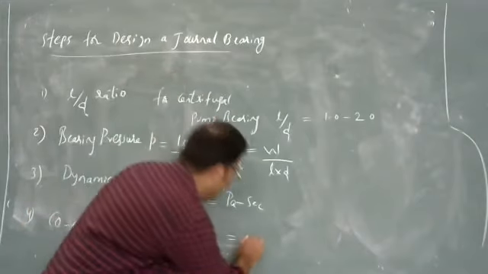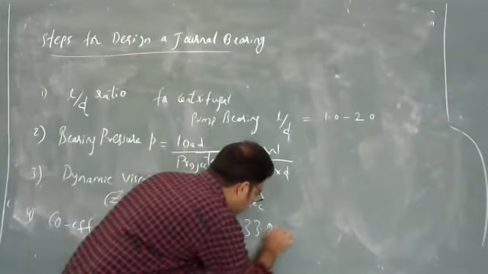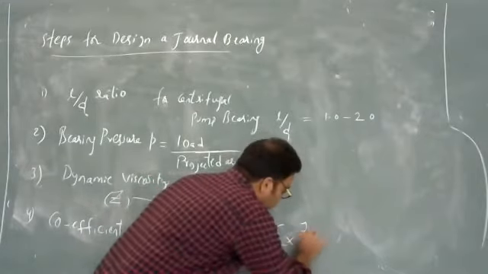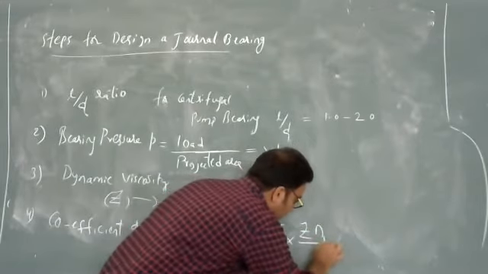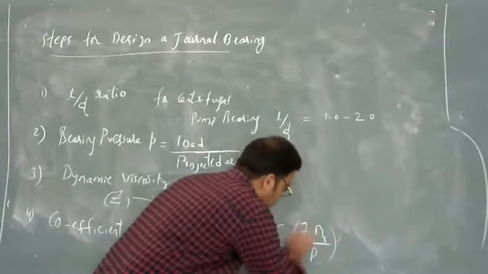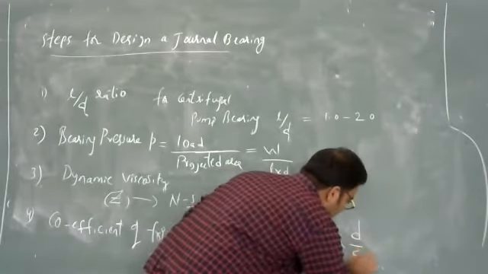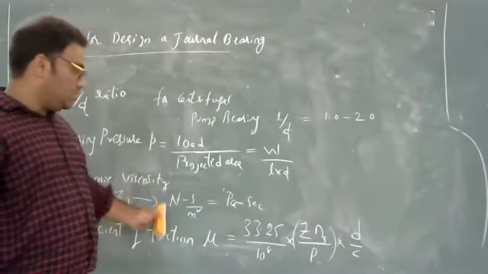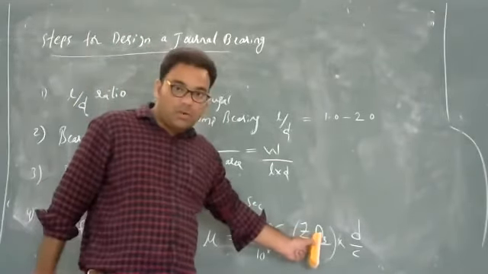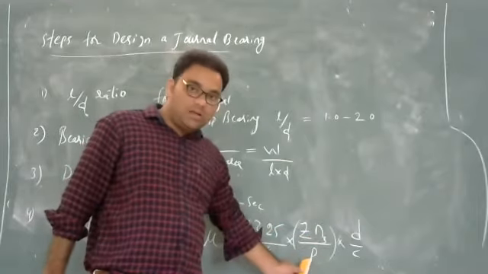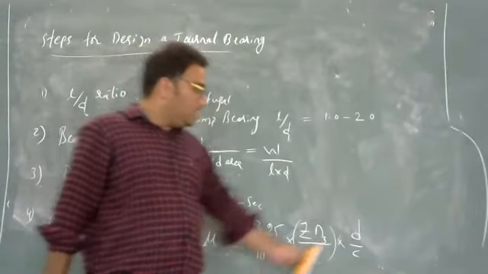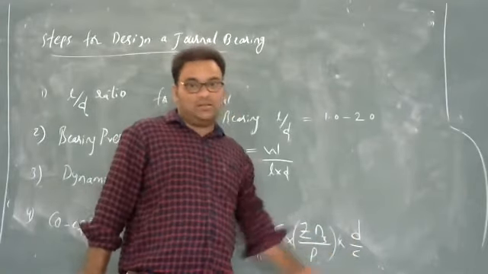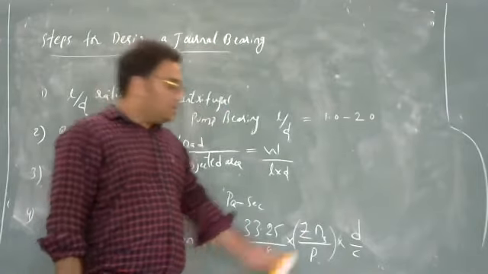Mu equals 33.25 by 10 power 8 into Z into Ns by p into D by C. Here Z is the dynamic viscosity we just discussed, Ns is the number of revolutions per second, p is the bearing pressure, D is the diameter of the shaft, and C is the diametral clearance or radial clearance.